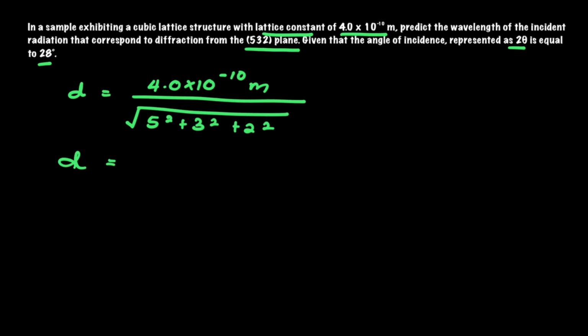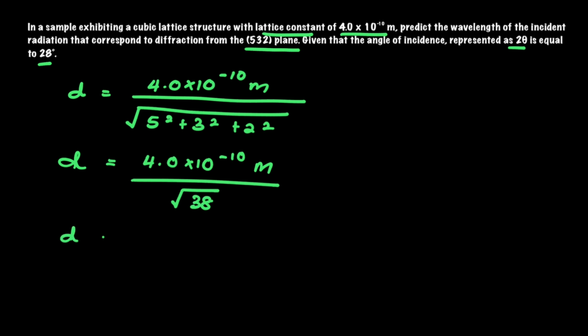So your d is equivalent to 4.0 times 10 to the power of negative 10 meter divided by the square root of 38. So from there you will get your d is equivalent to 6.4889 times 10 to the power of negative 11 meter.